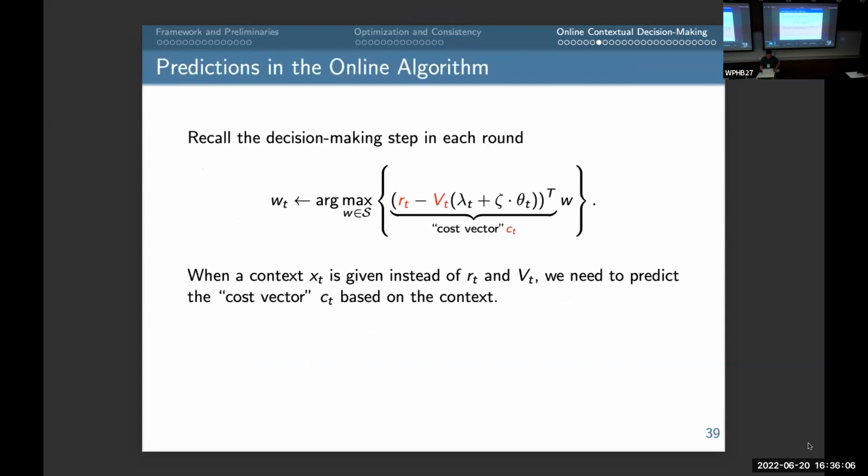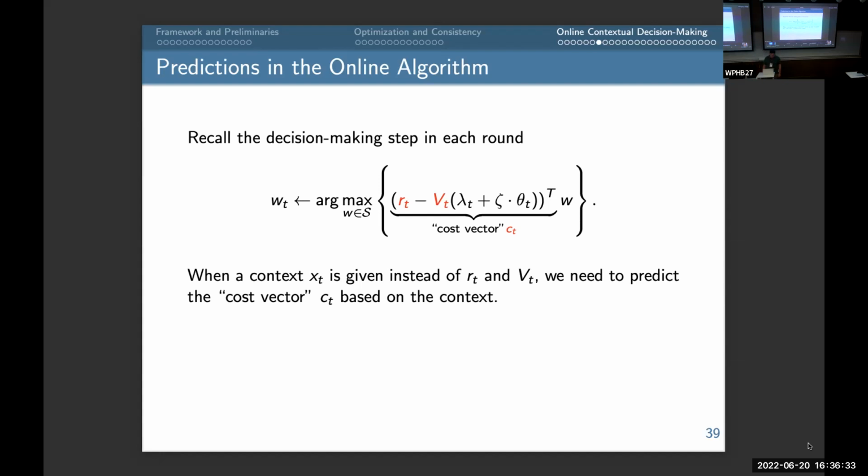The novelty of what we're doing here is that we're thinking about using SPO type methods for predicting the cost vectors at each stage of this process. As I said, this primal dual form exposes this linear structure. So what we see is that at every time, there is really a cost vector c_t, which is the reward vector minus v_t times some dual variable.